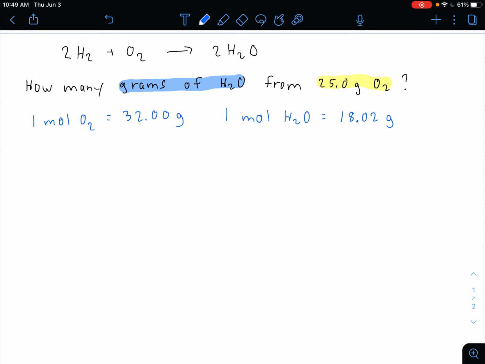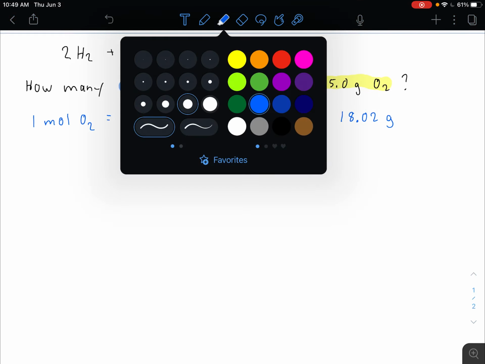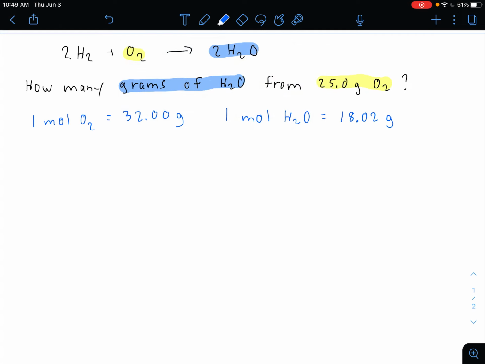Other than that, all I need to know is the mole ratio in the balanced equation, which says 1 mole of O2 in, 2 moles of water out. So now we're pretty much ready to go. So the plan will be grams of O2 to moles of O2 to moles of H2O to grams of H2O.